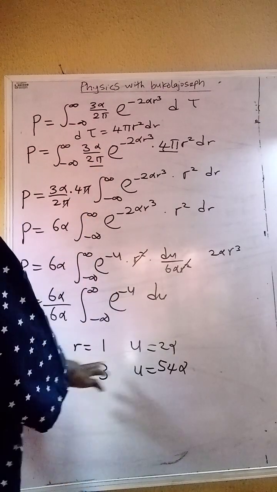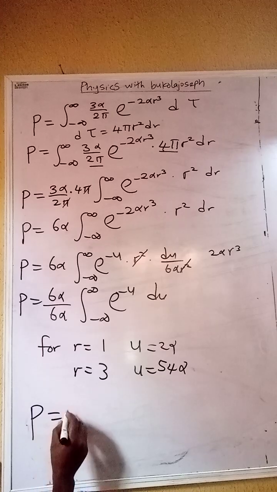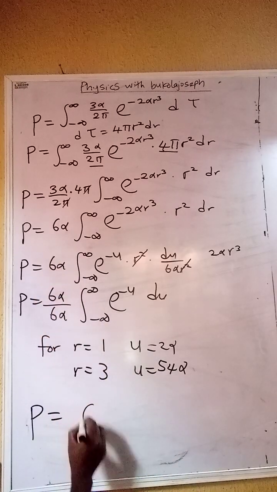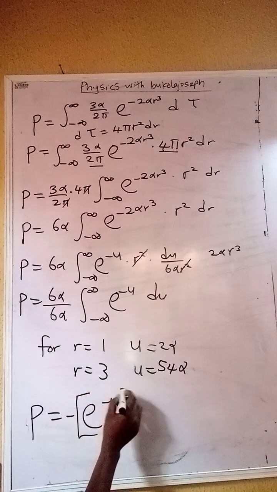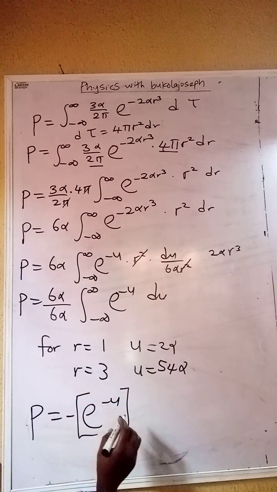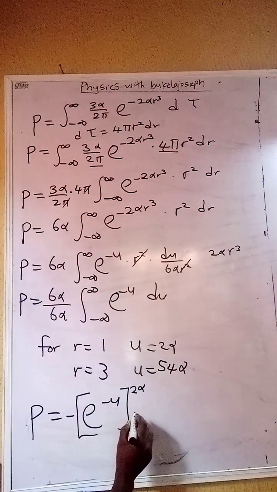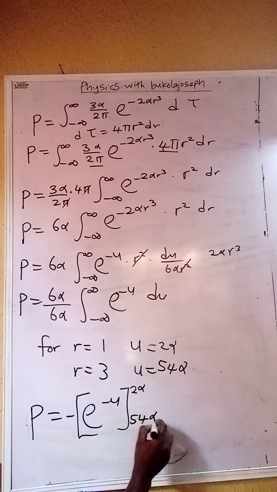So now the equation becomes p is equal to exponential minus u, evaluated from 2 alpha to 54 alpha.